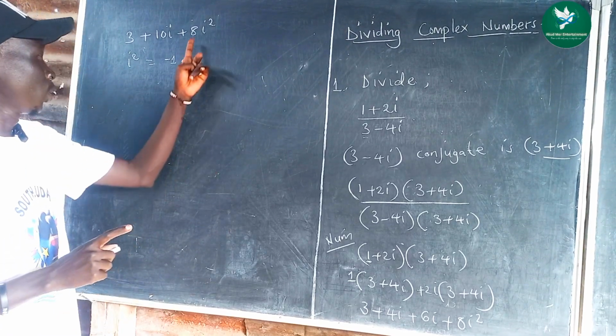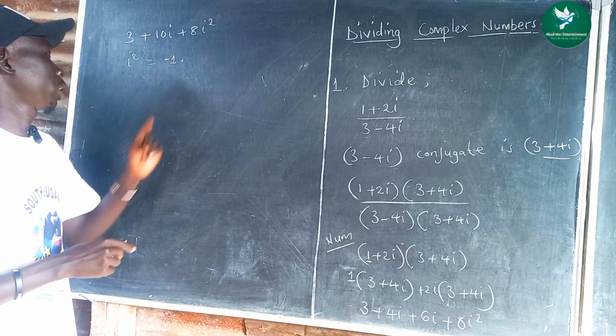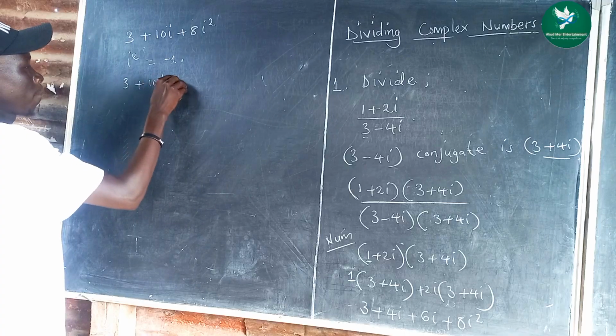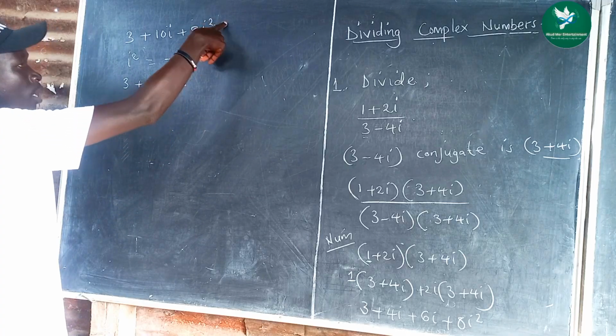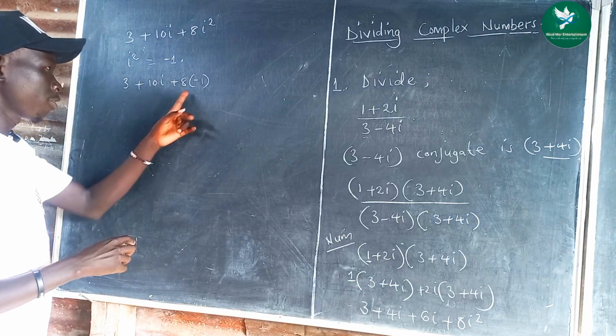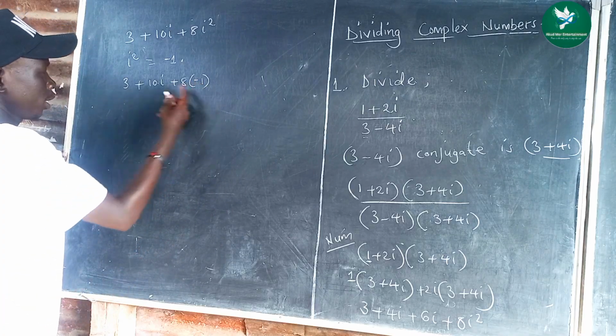Therefore, wherever there is i squared, we substitute in negative 1. We have 3 plus 10i plus 8i squared. But i squared is negative 1, therefore positive 8 multiplied by negative 1 is negative 8.